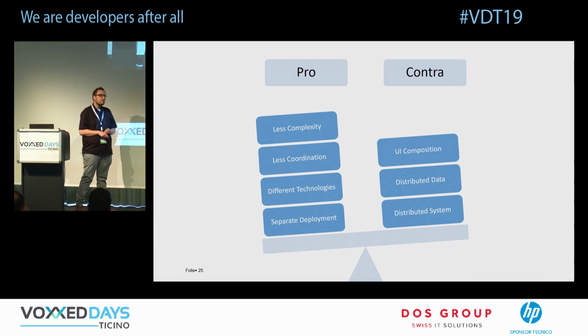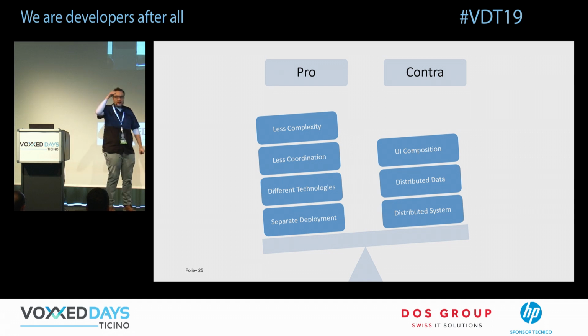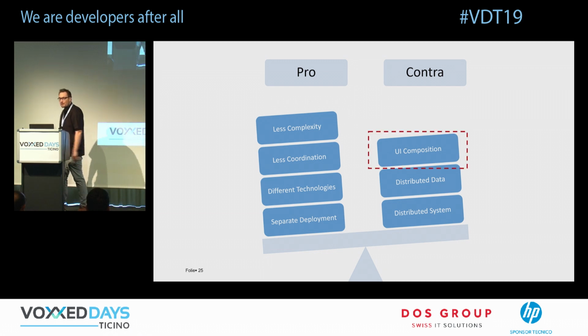UI composition means that you have to present your overall systems or your 20 micro frontends as a common thing to your users. You are happy about having 20 tiny systems. Your user is normally not. Your user is not amused when they have to start 20 applications each and every morning. So you have to deal with this situation somehow.